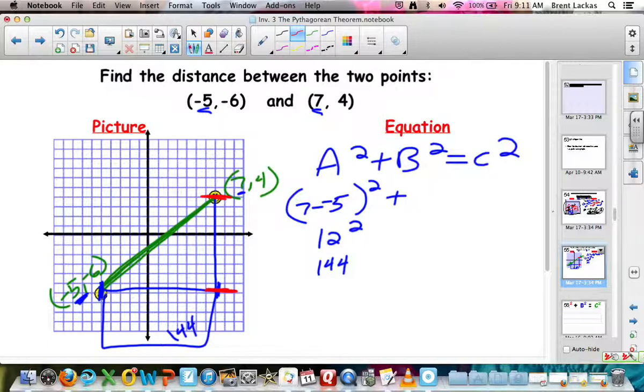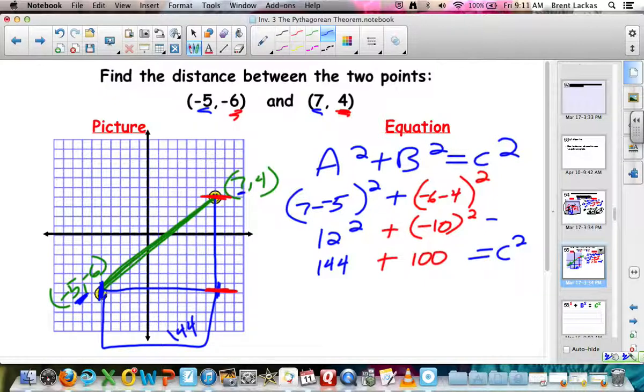Well, how many degrees did it climb? I can take my y coordinates and subtract them. Negative 6 minus 4. When I subtract, I get negative 10. When I square it, I get 100. So from here to here is 10. The area of the square is 100.